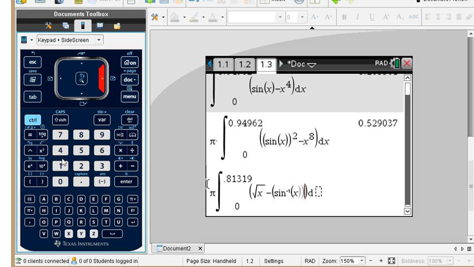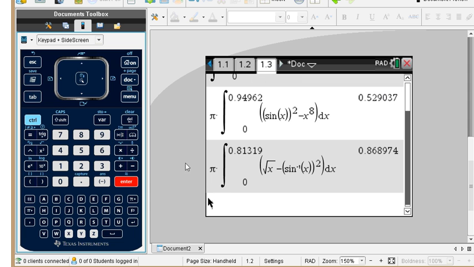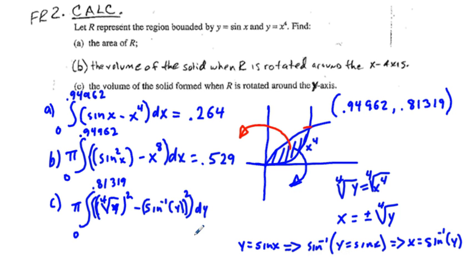We've got to go one more to square it. Yeah, and then dx. Make sure everything is right. Yeah, it should be that. So we get 0.869.